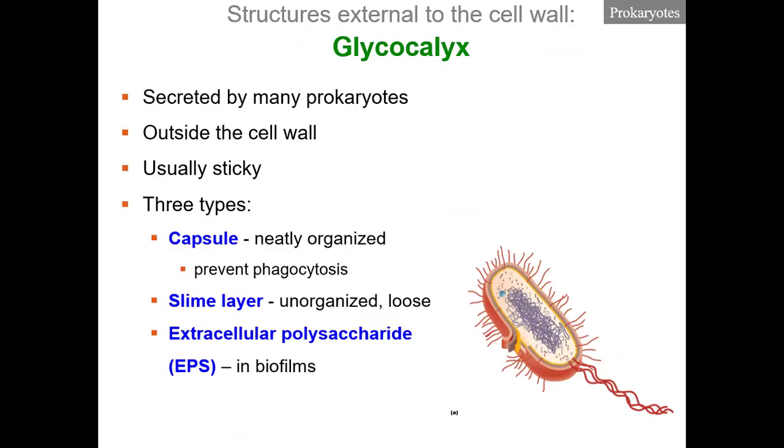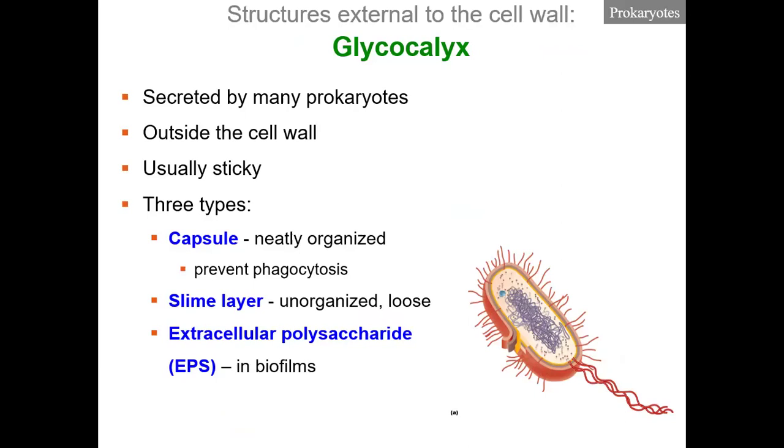In fact, I think the majority of bacteria, as well as prokaryotes, do not have a glycocalyx. It is outside the cell wall, so we say it is outside the cell. The glycocalyx is usually sticky, and there are three types of glycocalyxes.